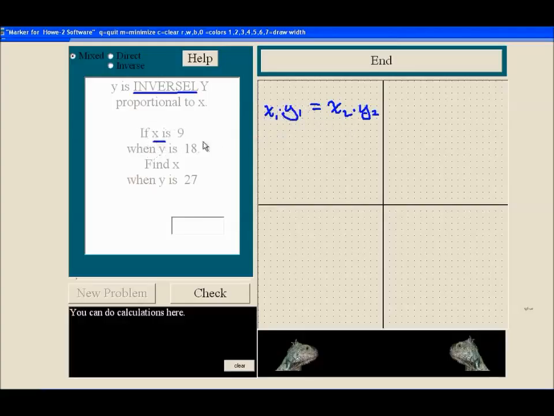So it's saying if x is 9 when y is 18, find x when y is 27. We want to get x by itself, so that means we have to get rid of the 27. So I'll just divide this side by 27. If I do that, I have to save the world and divide this side by 27. And 3 goes into 27 9 times, and 3 goes into 18 6 times, and 9 kills off 9, and we get x is 6.